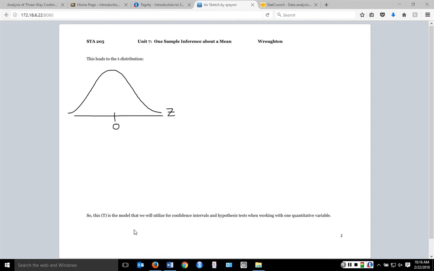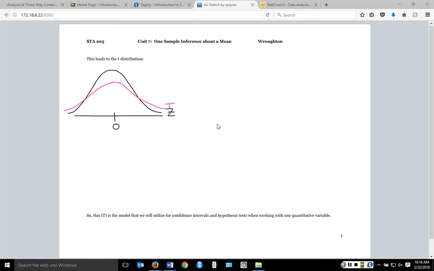Now let's draw a T. So now that you have your idea of what Z looks like, what T is like is basically a squish on Z. I'm going to give myself a little point here for reference. So that's what T is going to look like instead.